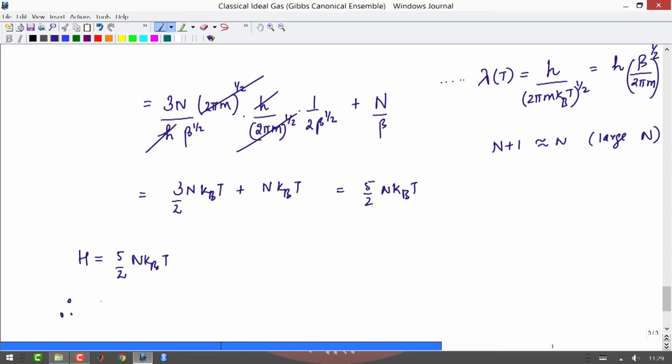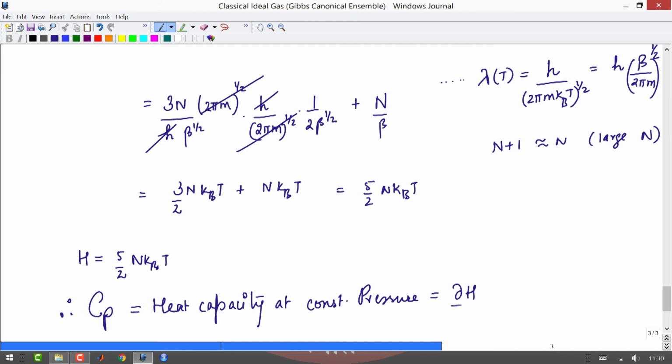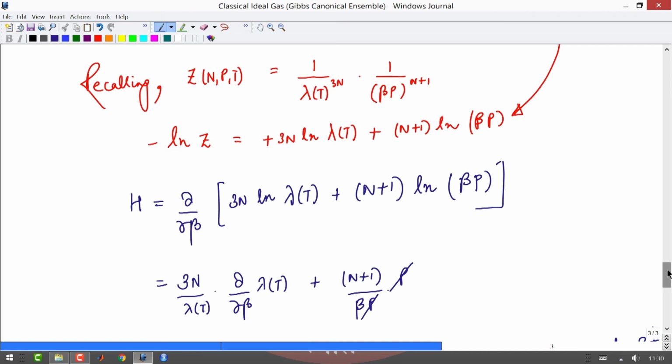Therefore, you can compute the heat capacity at constant pressure as simply the derivative of enthalpy with respect to temperature at constant pressure, and this is nothing but 5 by 2 N k_B, and this is larger than the heat capacity at constant volume as it should be.